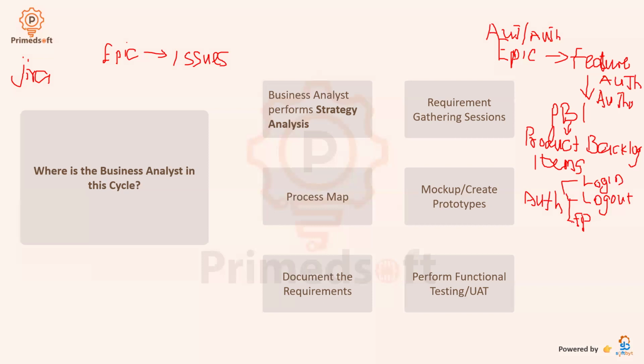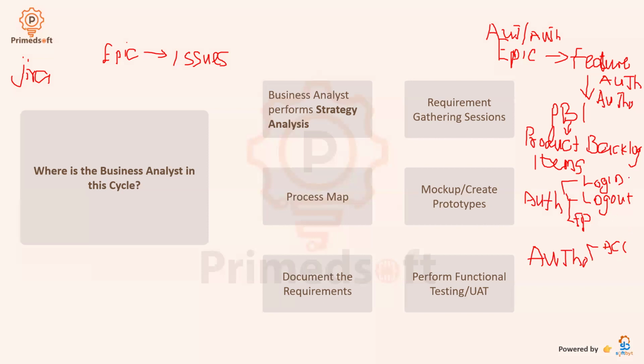Then for authorization, we can just have access. So for authorization, we have access to different levels. Authorization is quite big because that's what will give you access to different tiers of subscription.